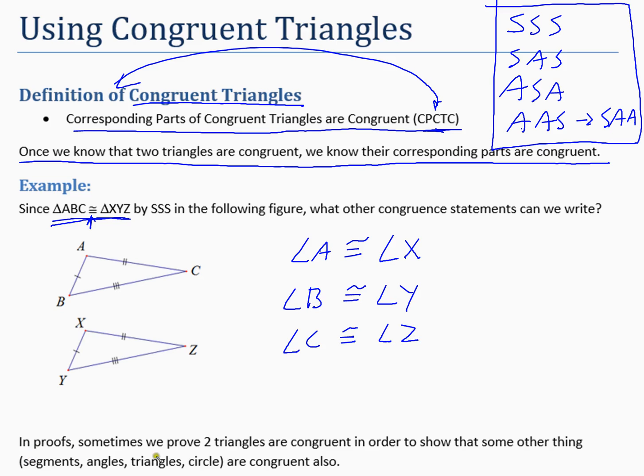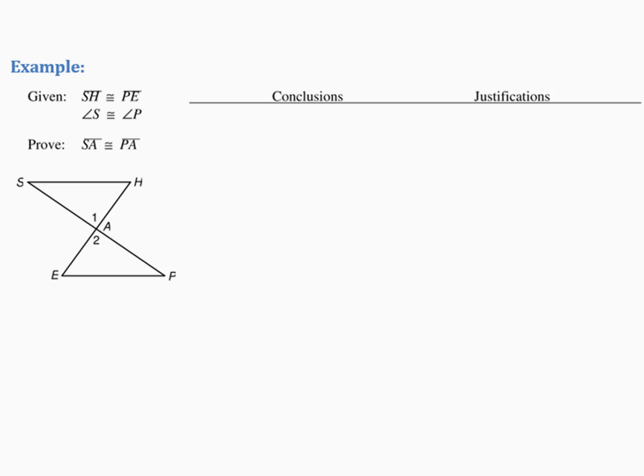So in proofs, sometimes we prove 2 triangles are congruent in order to show that some other thing, usually segments or angles, but sometimes with other triangles and circles, are also congruent. So let's do one example of this. This example does not give you the statements and reasons. In fact, where I got this from, they use conclusions and justifications, but this is the same idea as statements and reasons, if that makes you feel more comfortable.